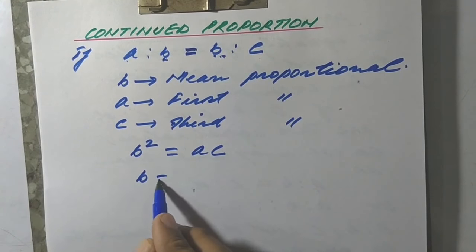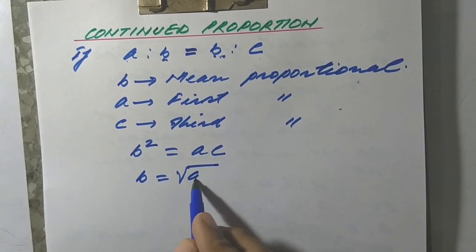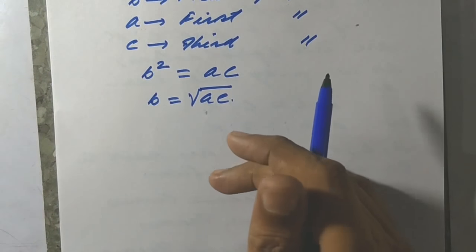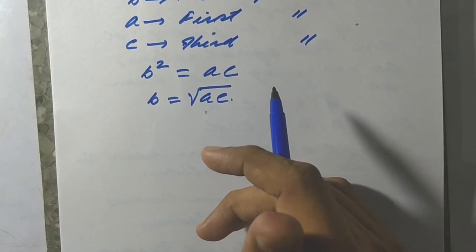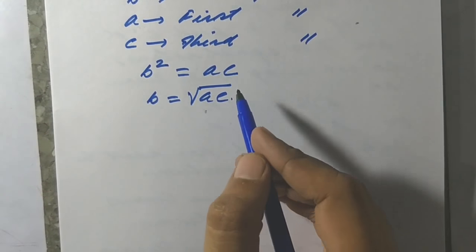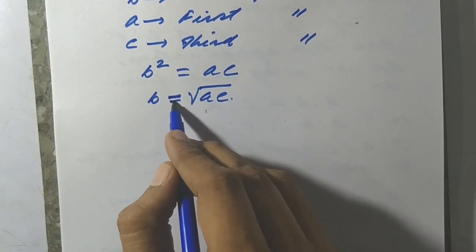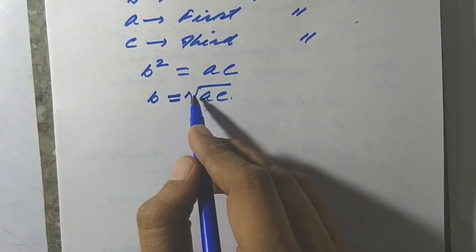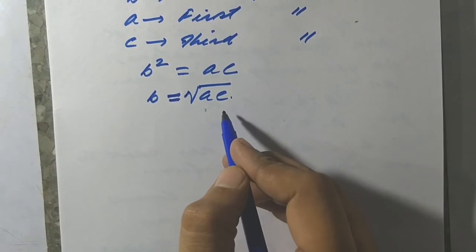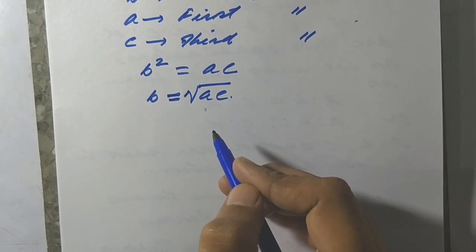So B is equal to under root AC. So we come to the conclusion that if we are given two numbers and we need to find out the mean proportional of those two numbers, we simply find it out by taking the square root of the product of the numbers.